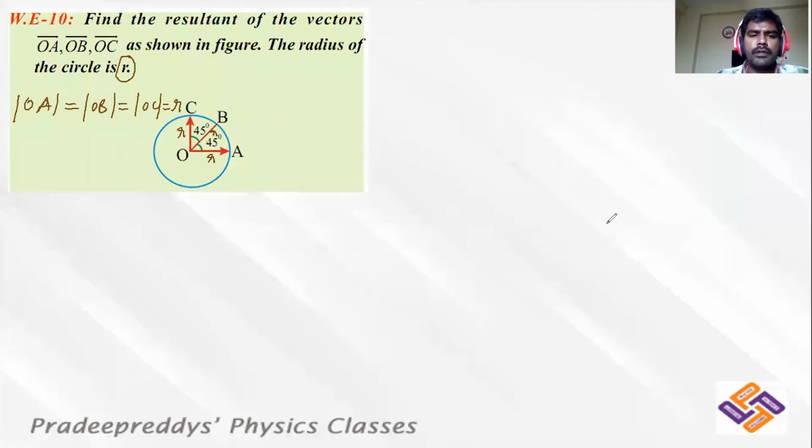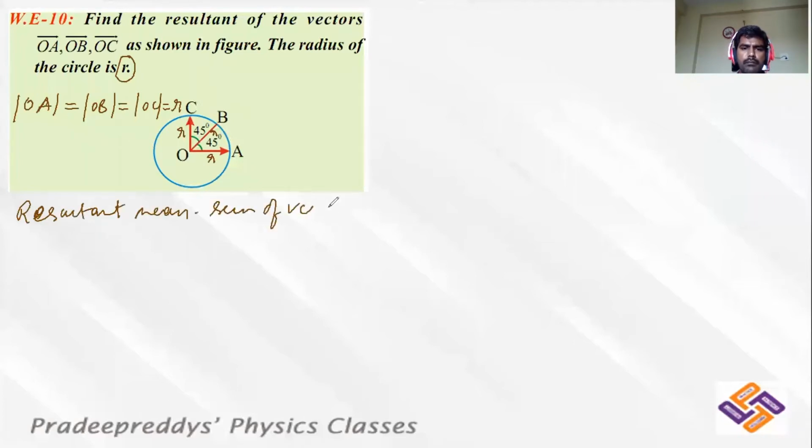Okay. Now you need to find out the resultant of the vectors. What is meant by resultant? Resultant means sum. You need to find out the sum of those vectors. So how to find out the sum of these vectors?